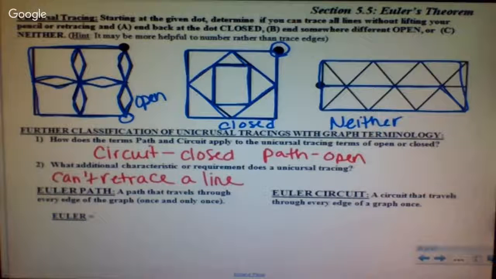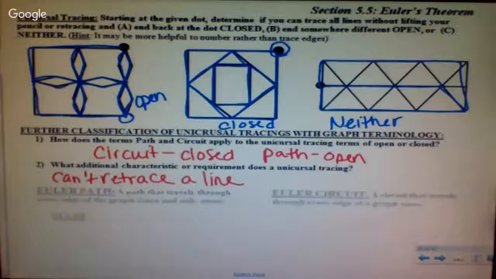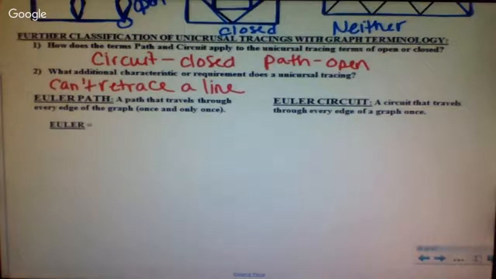So that leads us into the rest of this chapter, where we're going to talk about Euler. Who's that? He is a mathematician who created Euler paths and Euler circuits. A Euler path is a path that travels through every edge of the graph.